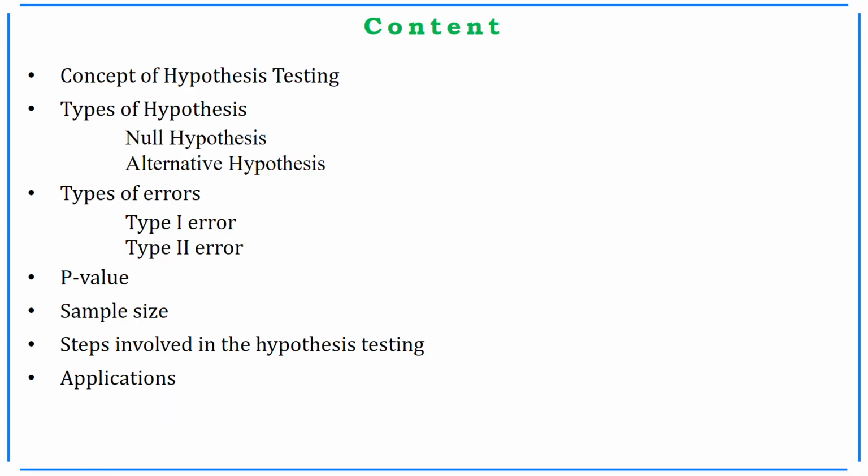The content of this topic includes concept of hypothesis testing, types of hypothesis, null hypothesis and alternative hypothesis, types of errors, type 1 error and type 2 error, p-value, sample size, steps involved in the hypothesis testing, and applications of hypothesis testing.